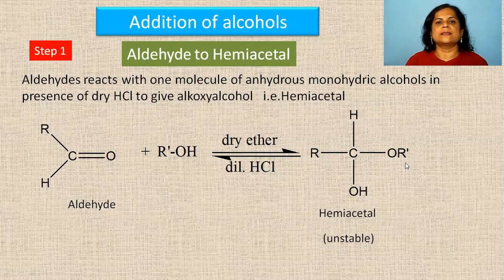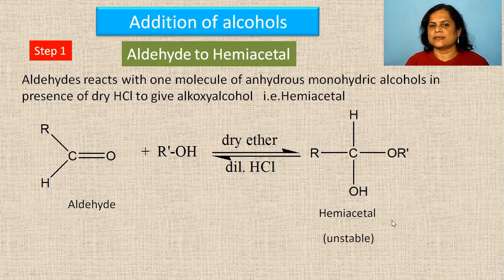The reaction takes place in two steps. In the first step, aldehydes are converted into hemiacetals. Now see the first reaction: acetaldehyde reacts with one molecule of anhydrous monohydric alcohol in the presence of dry HCl, and there is formation of alkoxy alcohol.